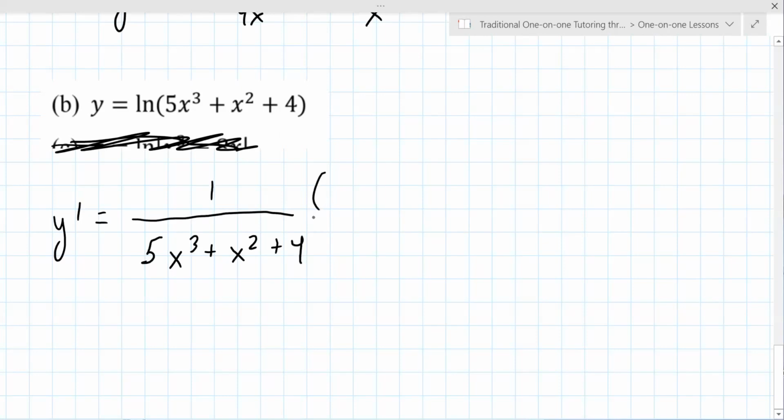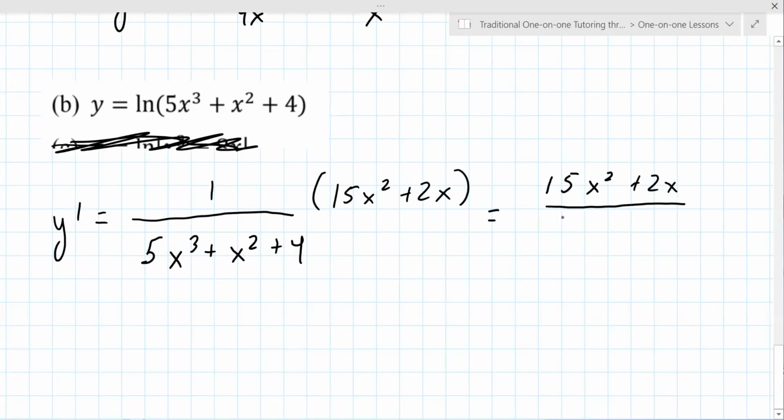Then you multiply by the derivative of the inside function, that's the chain rule part: 15x squared plus 2x. If you're adamant about simplifying, you can rewrite it this way, and that would just be the answer.